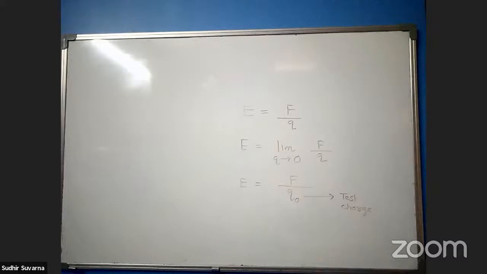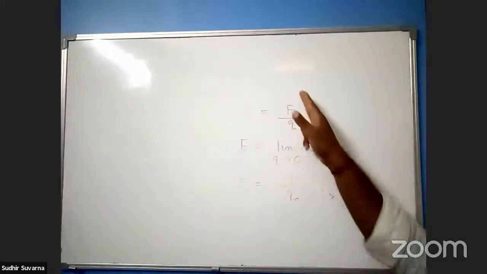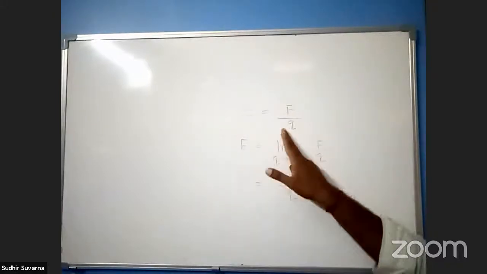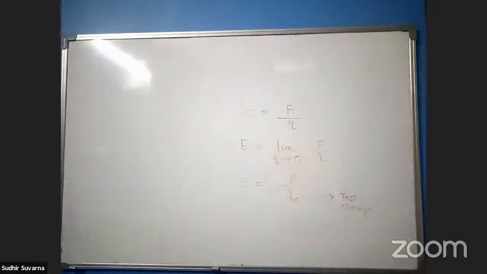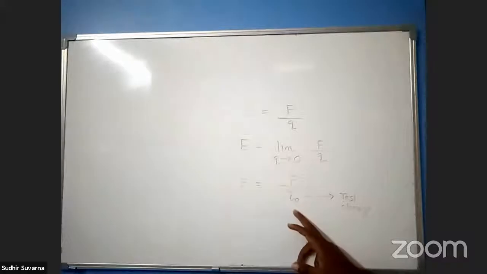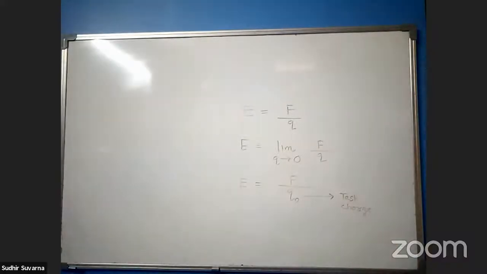So you can write E is equal to F upon Q, then E is equal to the limit Q tends to 0 of F upon Q, then E is equal to F upon Q0, where Q0 is a test charge. Test charge is a very small positive charge and it will not affect the surrounding of the given charge, right?